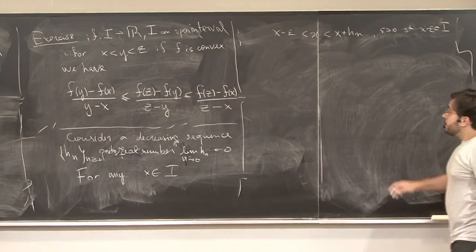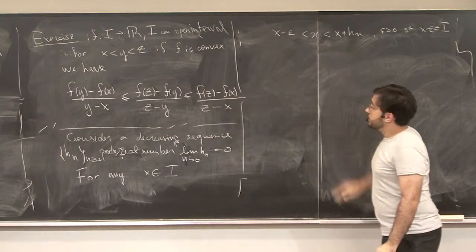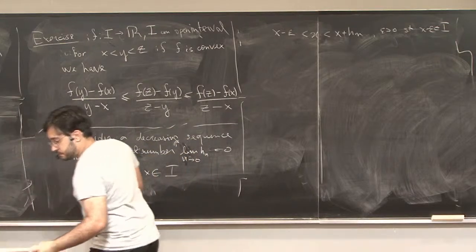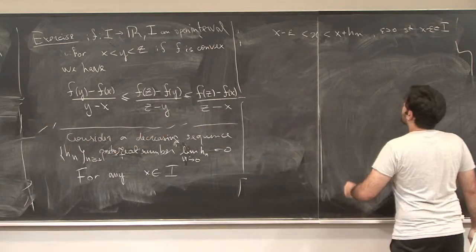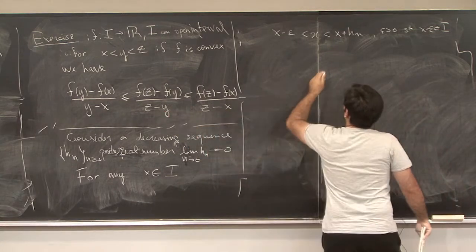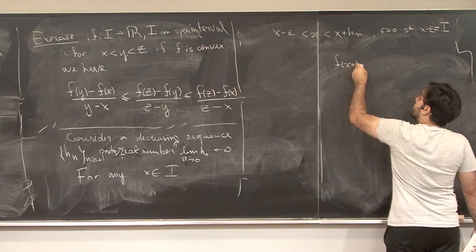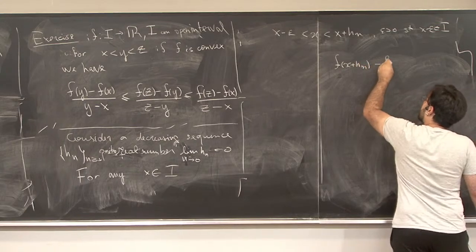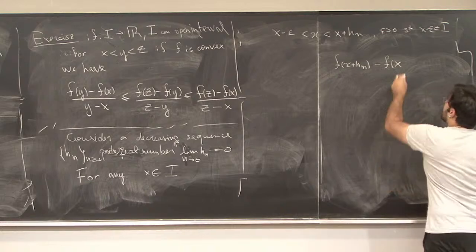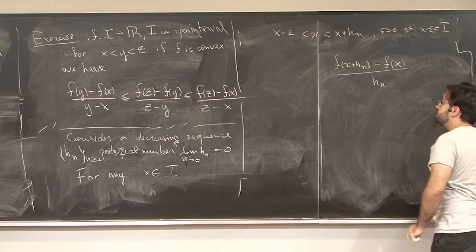So now I can apply these inequalities for this chain of real numbers, and I will get the following. The one in the middle will be this minus this, so (f(x plus h_n) minus f(x)), divided by this minus this, which is only h_n.